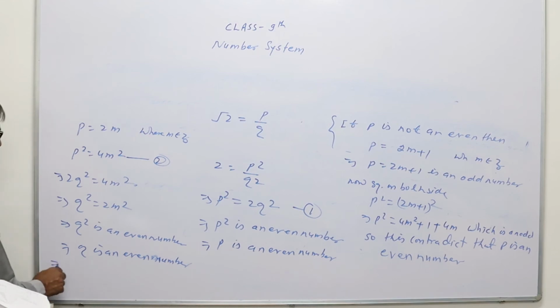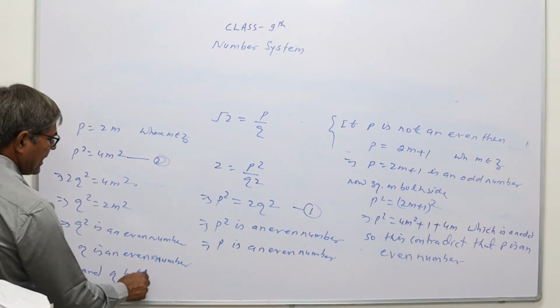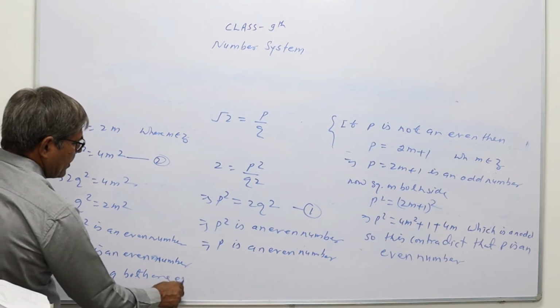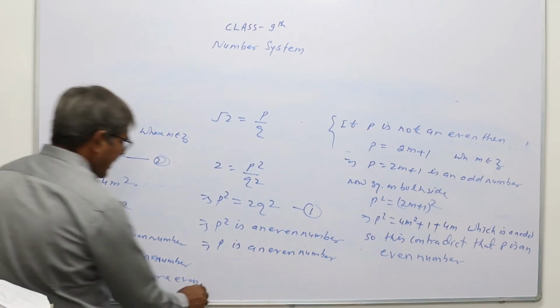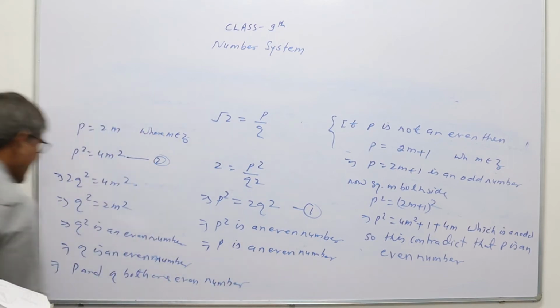This implies that by equation number first and second, p and q both are even numbers.